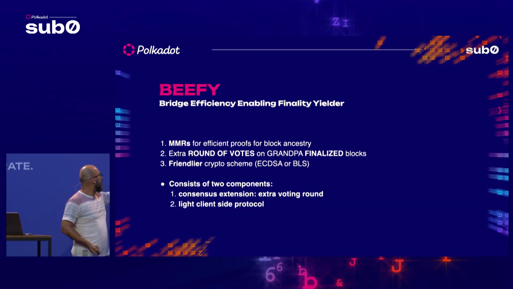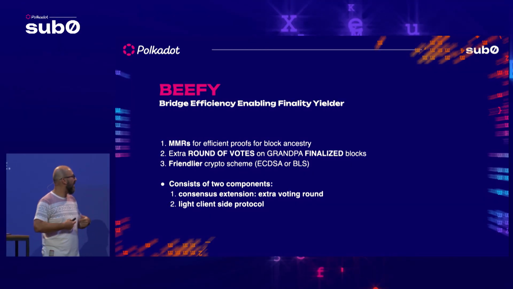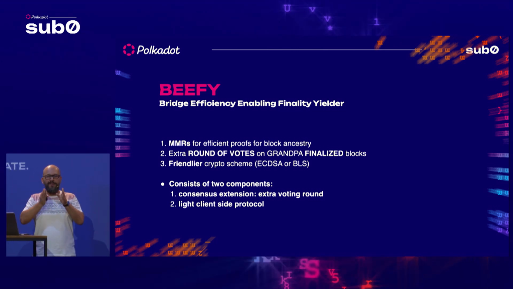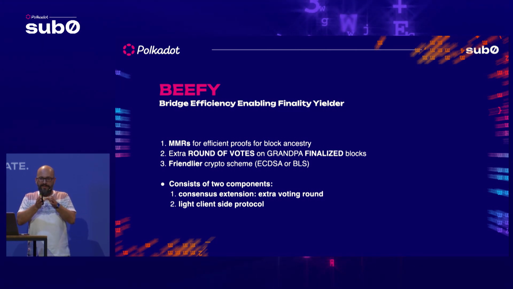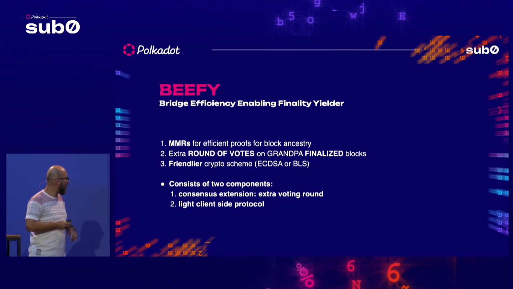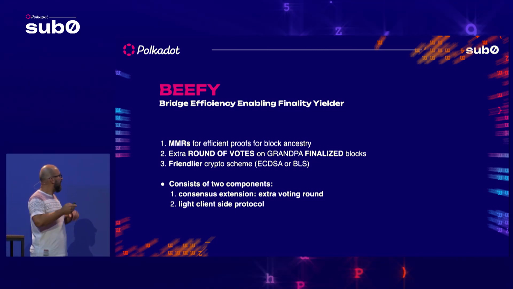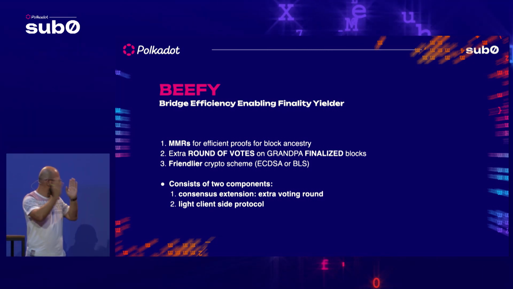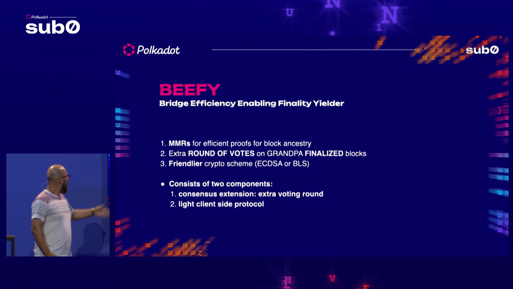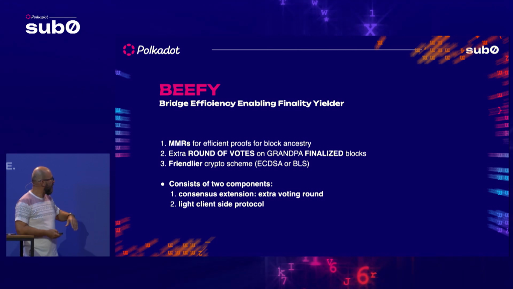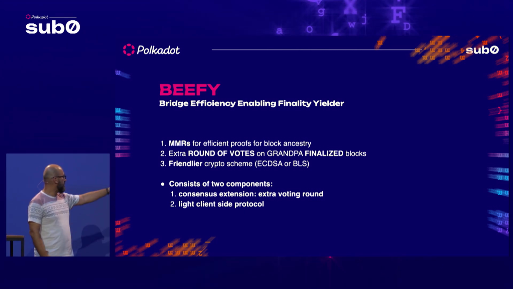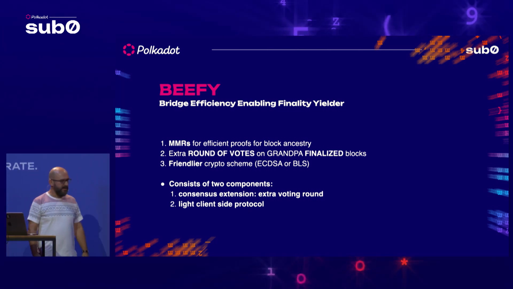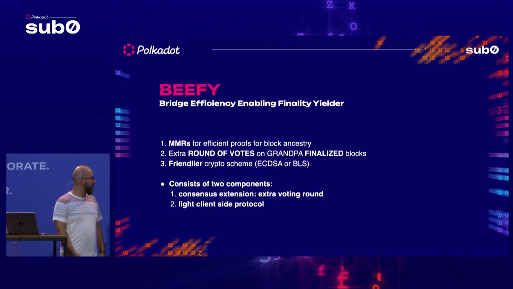With BEEFY, we are also adding a new round of votes where, instead of voting for a subtree, every single BEEFY validator is voting for a single thing. We are going to show that afterwards, but it's the main difference: we are not voting for subtrees and their ancestry anymore. We're going to vote for a single thing. And BEEFY also brings a friendlier crypto scheme based on ECDSA or BLS that can be used and is compatible with EVM, right?